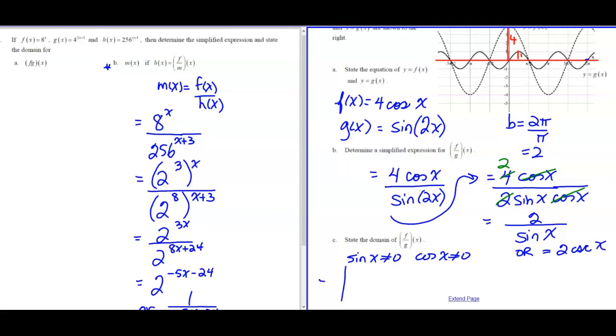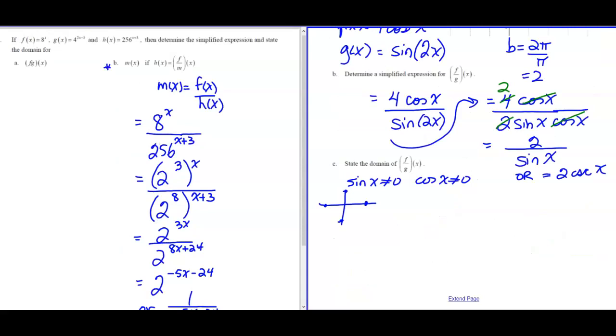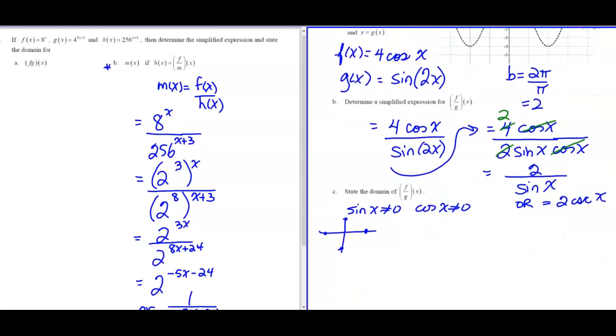Okay, so sine is 0 here and here, cos is 0 here and here. So basically, it's undefined for any multiple of pi over 2. So our domain is x cannot equal n pi over 2.